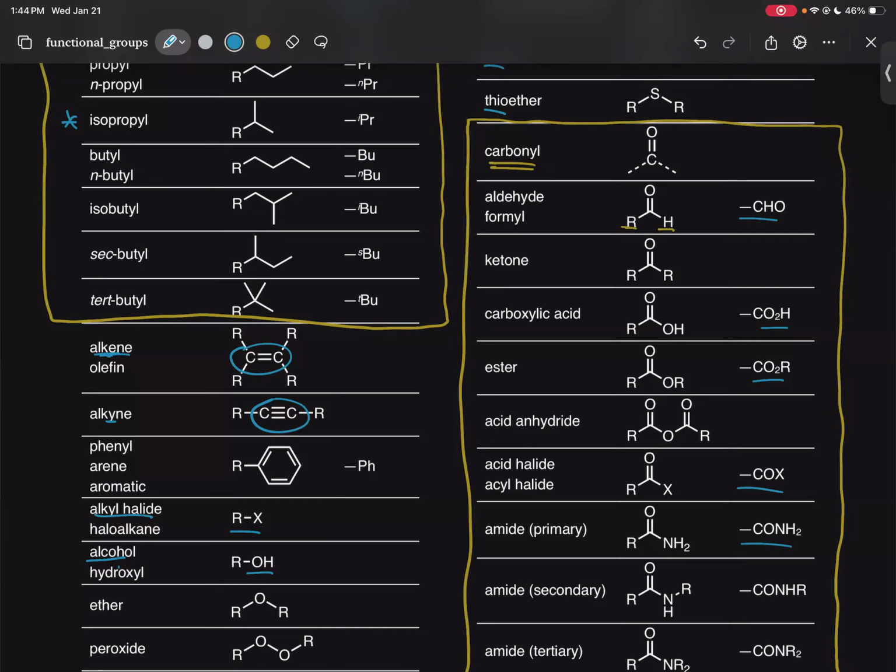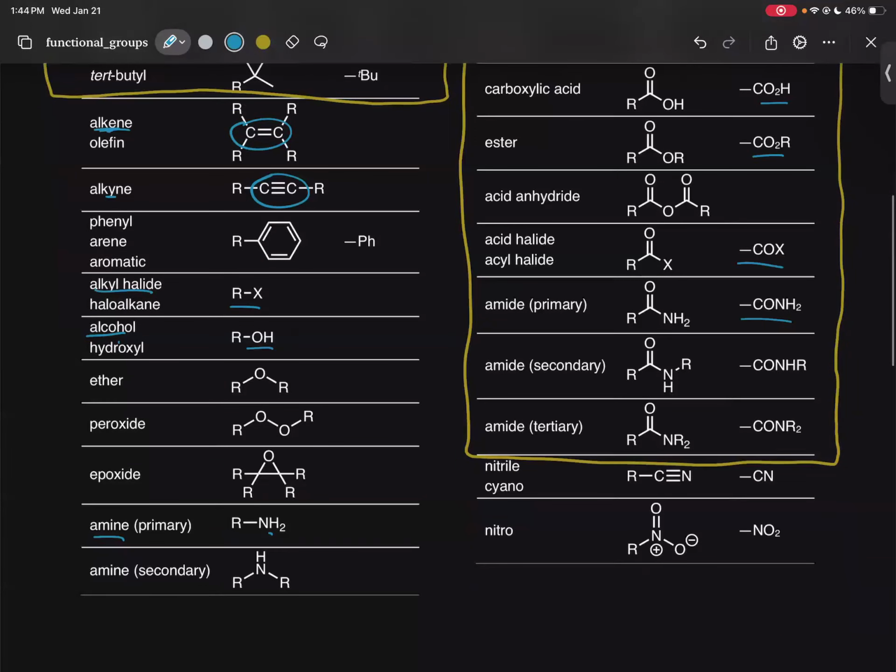Ketones, carboxylic acid, and the list just keeps going on and on. Then after that, there's a couple unique ones that involve nitrogen, the nitrile or cyano group, which is a carbon triple bond nitrogen, and then the ever explosive nitro group with those interesting formal charges on them.